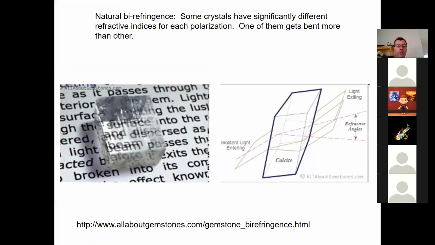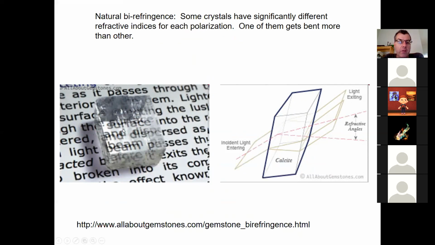Now here's a crystal that is strongly birefringent, very different indices of refraction for one material, for one polarization versus the other. Well, the light coming off of this page is a mix of two polarizations. And because it's a mix of two polarizations, there's going to be two different kinds of refraction in here.